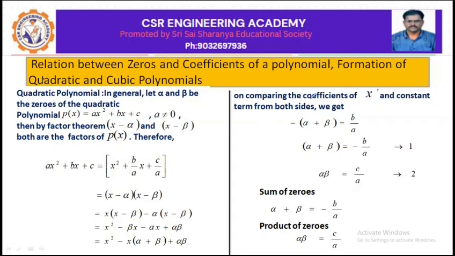On comparing the coefficients of x and the constant term from both sides, we get: x coefficient, minus alpha plus beta is equal to b by a. Therefore, alpha plus beta is equal to minus b by a. Equation 1. Comparing the constant term, alpha beta is equal to c by a. Equation 2.